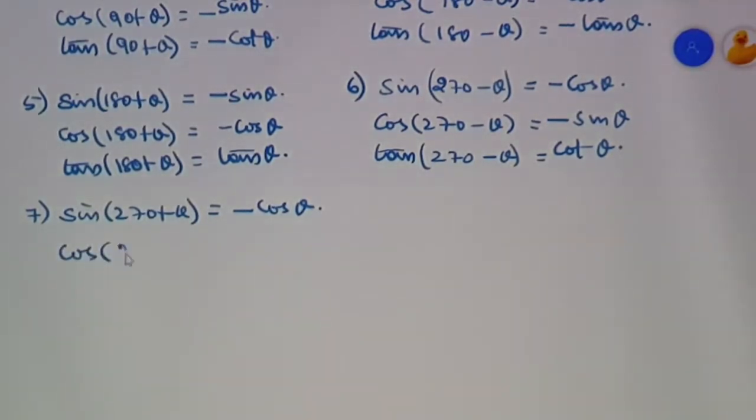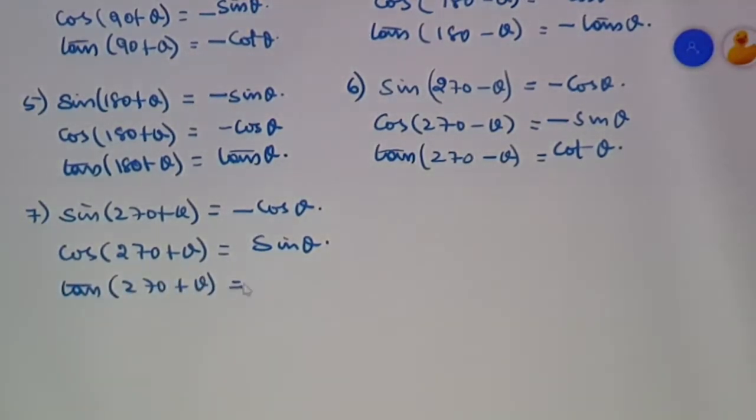Similarly, cos of 270 plus theta is equal to sin theta. And tan of 270 plus theta is equal to minus cot theta. These are considered to be the trigonometrical ratios of allied angles.